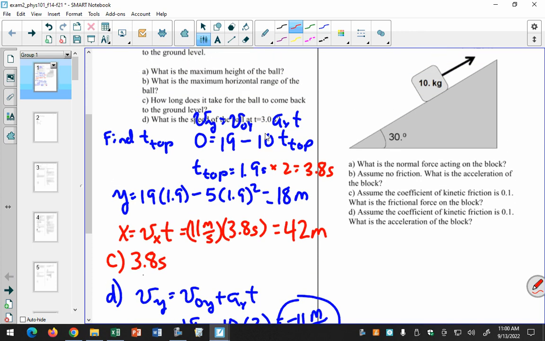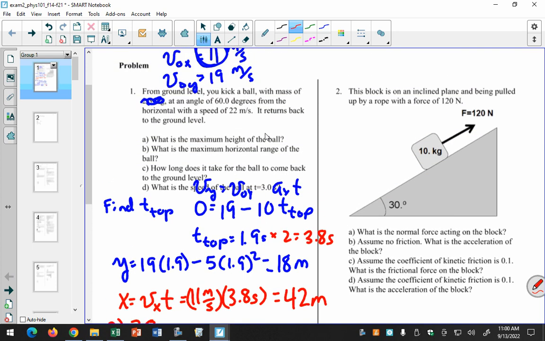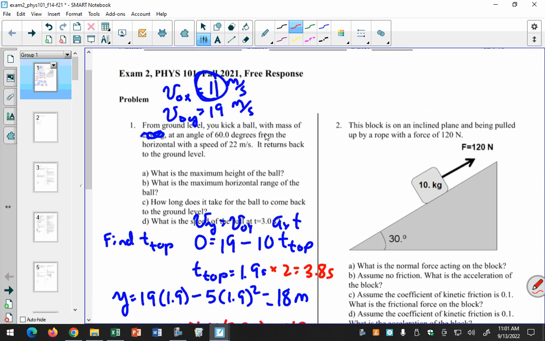Well, if it's at, yeah, because it's not at the end. I mean, at the end, I know what the speed is, right? What's the speed at the end? Not 19, no. The total speed of the object at the very end is what? 22, right? Because it starts at 22 and it's going to end at 22.